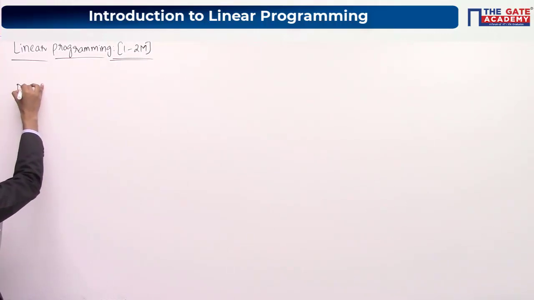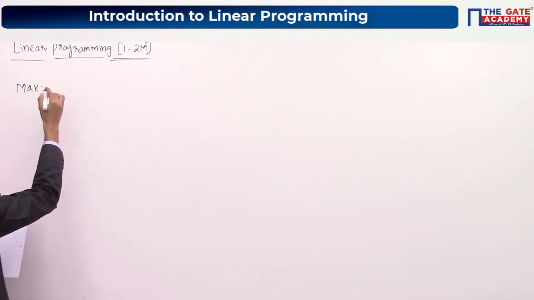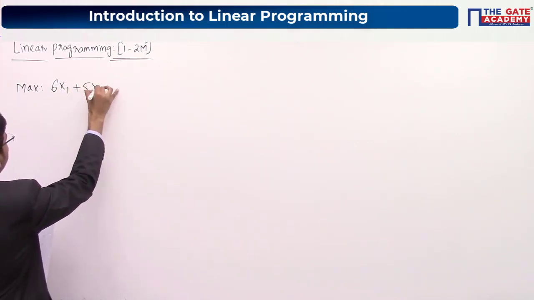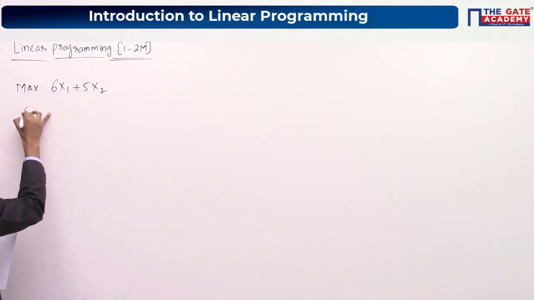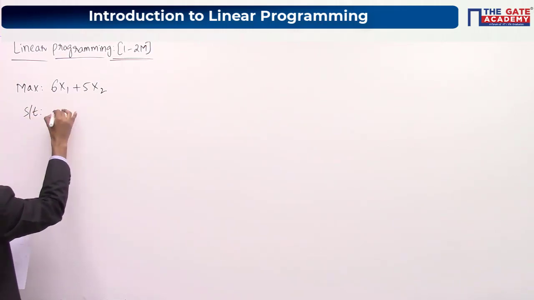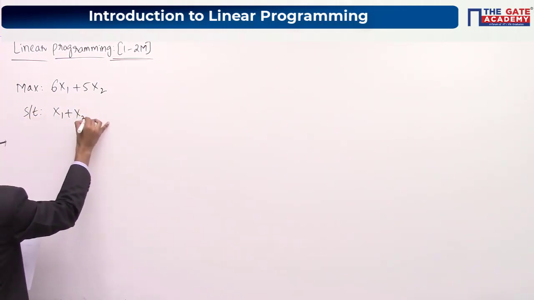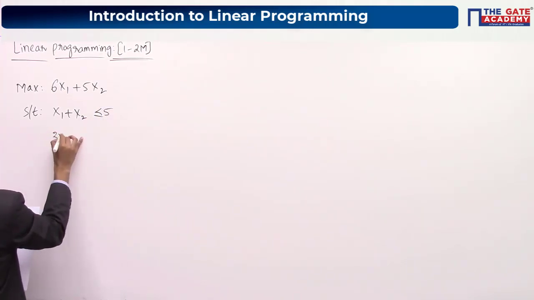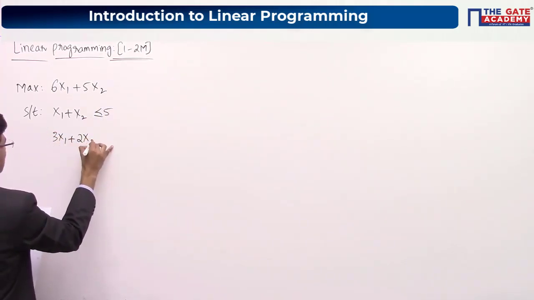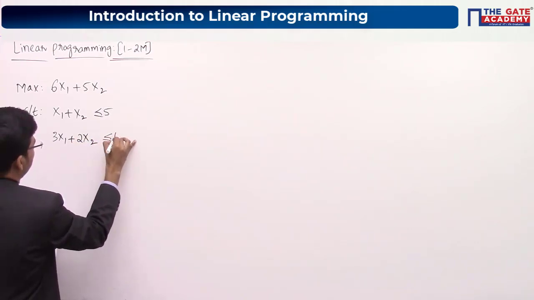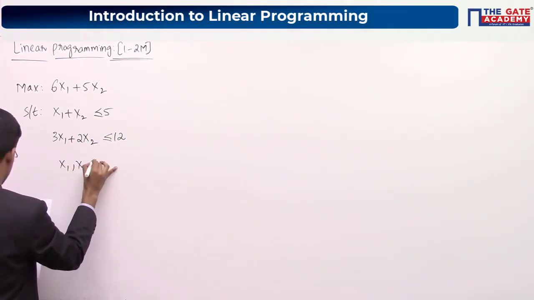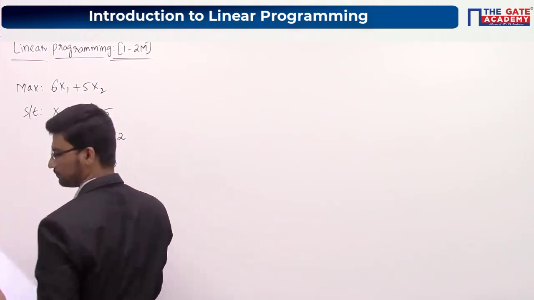So let us say there is a maximization problem. It is already given in the question: maximize 6x1 plus 5x2, subject to the constraints x1 plus x2 less than or equal to 5 and 3x1 plus 2x2 less than or equal to 12, and x1, x2 greater than or equal to 0.